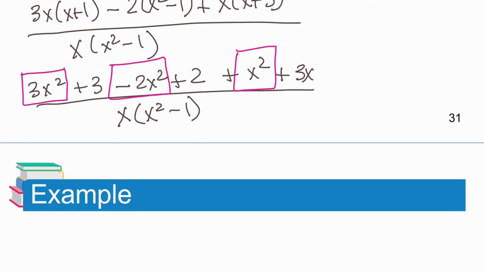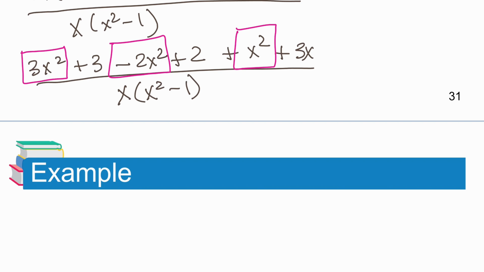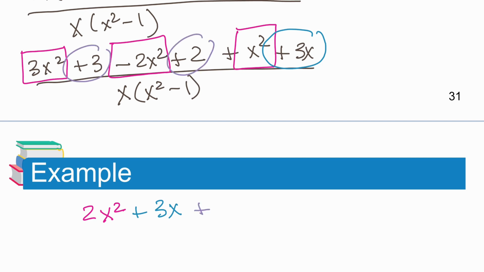That will leave me with 2x squared. And then my plus 3x is all by itself, right? And then my plus 3 and my plus 2 becomes plus 5. And then we have x.